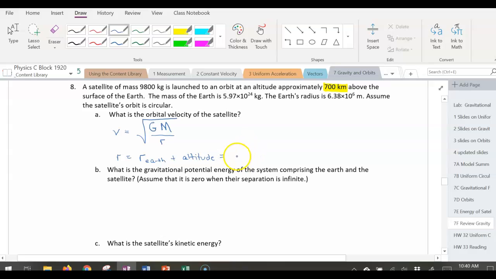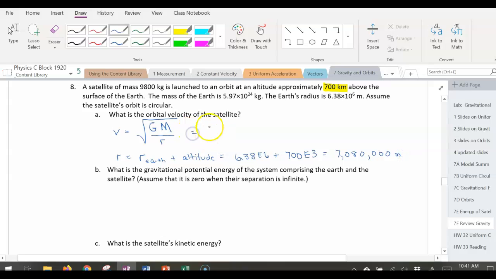So that's 6.38 times 10 to the 6th meters, the radius of the Earth, plus the altitude of 700 kilometers, which is 700 times 10 to the 3rd meters. If I add those, I get 7,080,000 meters. Okay, so that's our R.